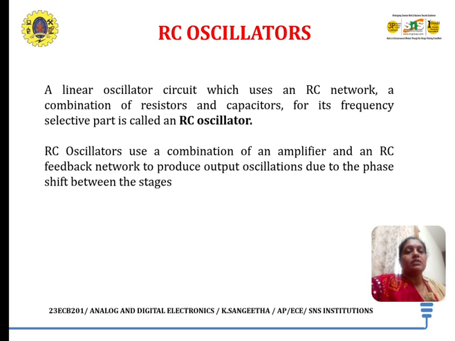The RC oscillator uses a combination of an amplifier and an RC feedback network to produce sustained oscillation. In the last video itself, we studied that to produce sustained oscillation, some criterion, that is Barkhausen criterion, should be satisfied.